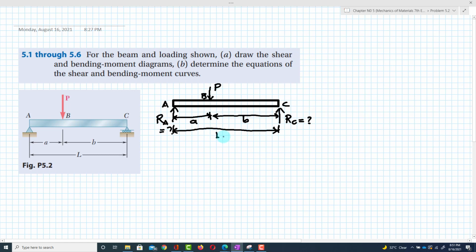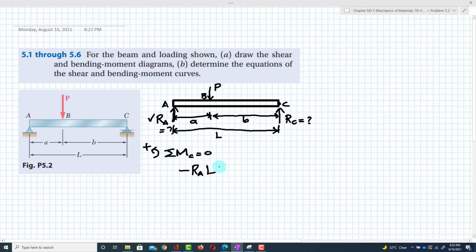First we will find the value of RA and RC. For that, I first take the moment about point C equal to 0 for finding the reaction force RA, assuming the counterclockwise rotation is taken as positive. One force is RA, which is acting upward, with perpendicular distance L, and this creates a clockwise rotation, so it will be negative.